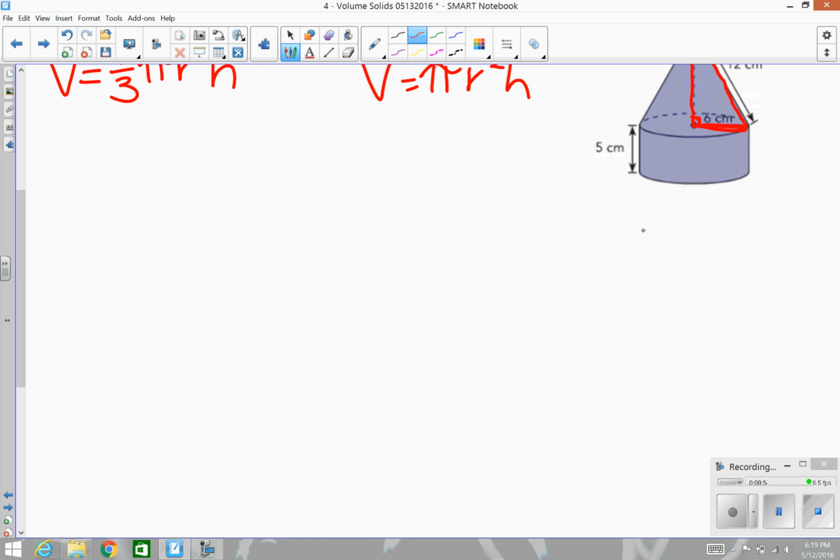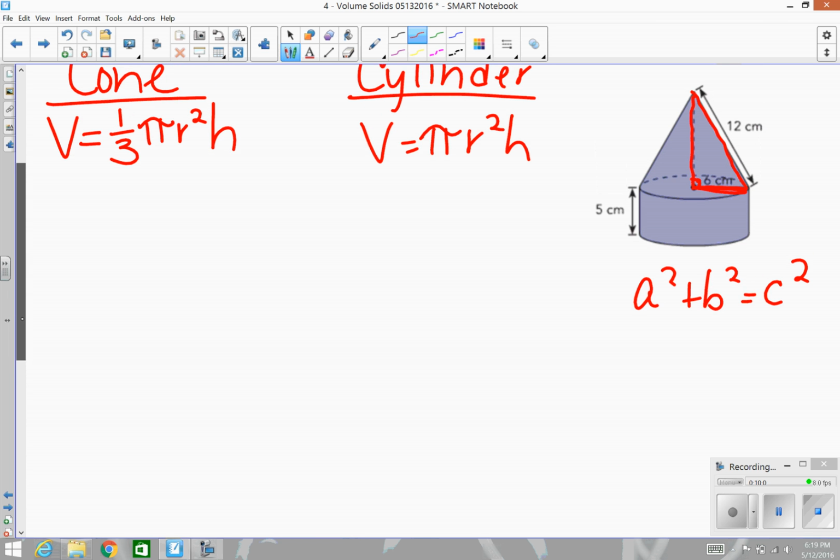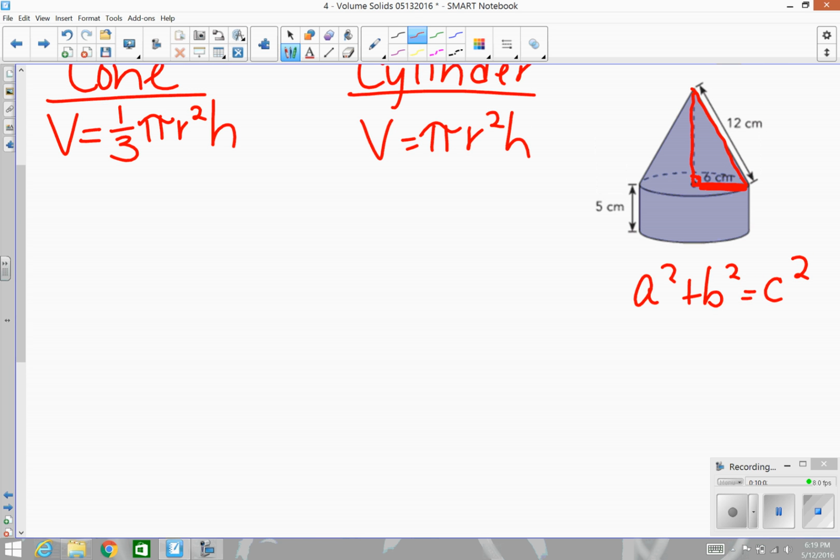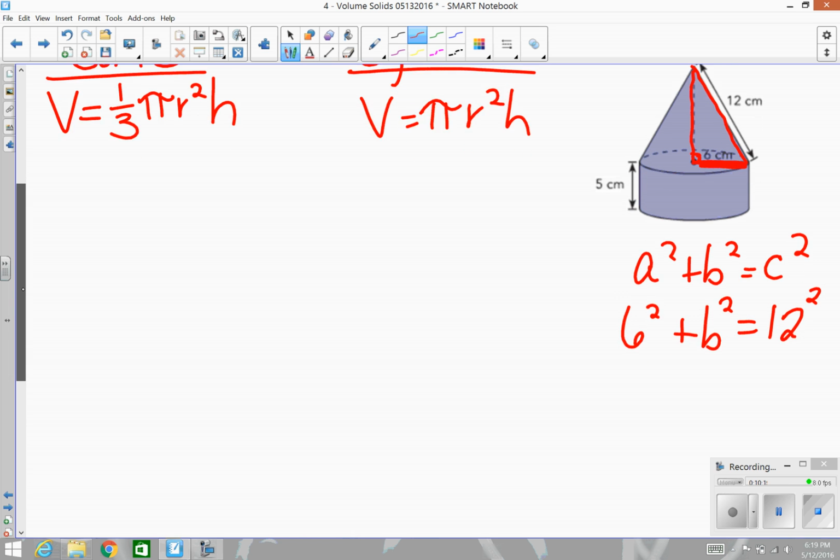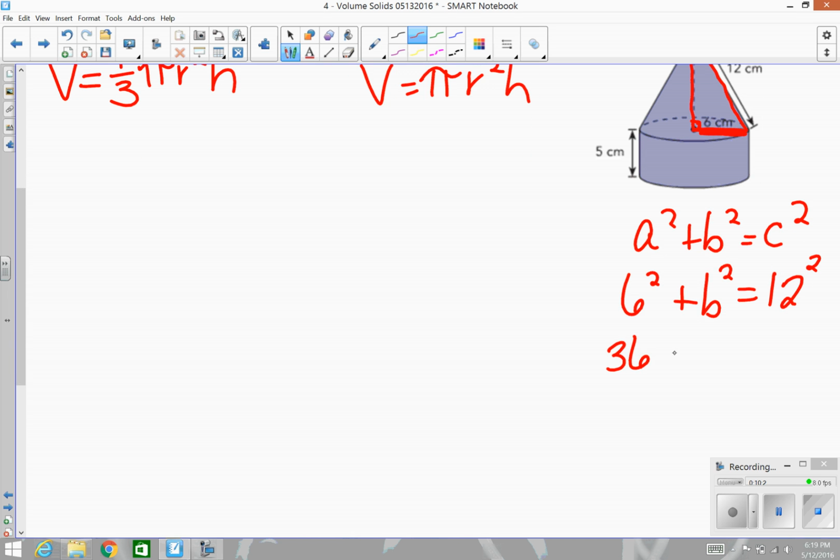Maybe off to the side here, we'll do a squared plus b squared equals c squared. I'm going to let this 6 be my a. So we'll have 6 squared plus, I'm missing the b, so I'll just leave it as b squared, equals, the hypotenuse is the 12, which we will square. We will have 36 plus b squared equals 144.